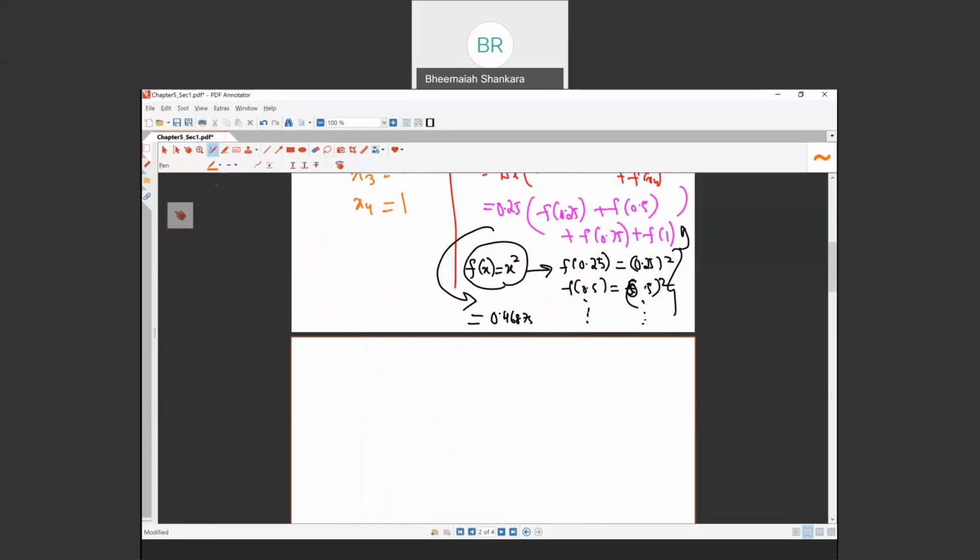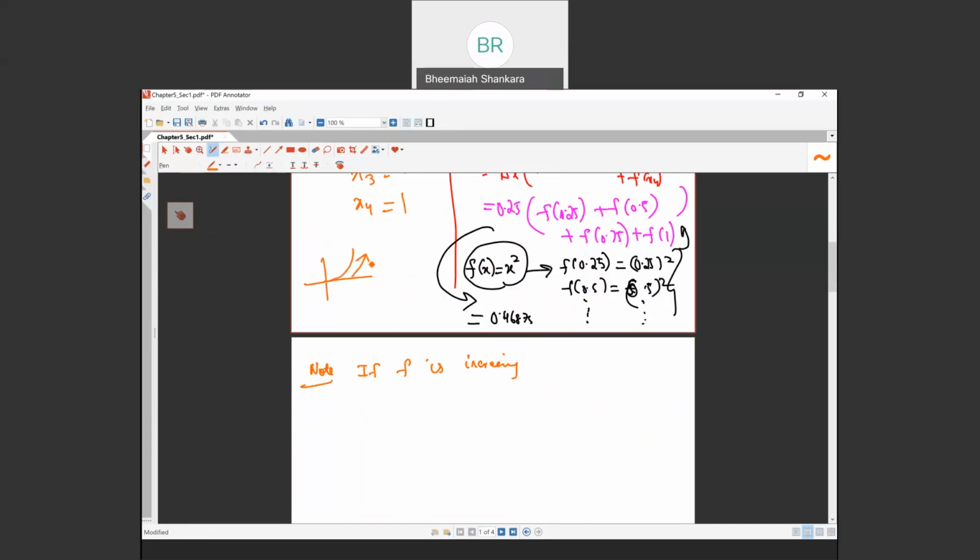Now you can make a note here. If a function is increasing, the graph we saw for y equal to x squared is an increasing function graph.